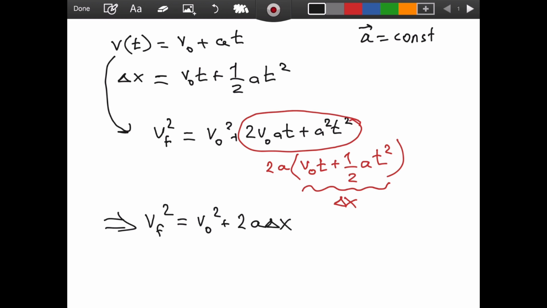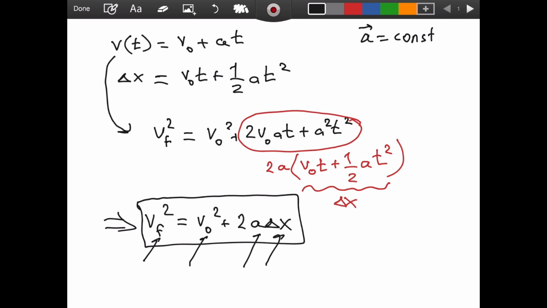And boom, look at this. Do you see any time term here? Well, you can't see it because there isn't any time term. This is time independent. So this means that even if you don't have a stopwatch in an experiment, if you are able to measure some of these quantities, and there are 4 quantities, this 2 is just a constant, obviously, you can be able to figure out the others without ever needing to use time information.